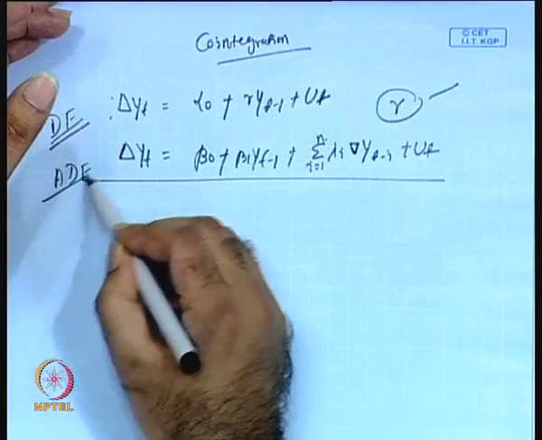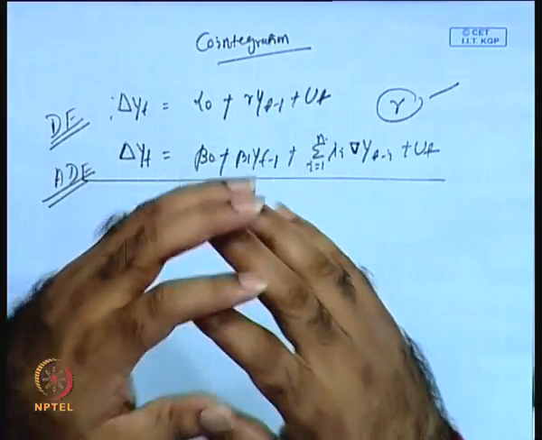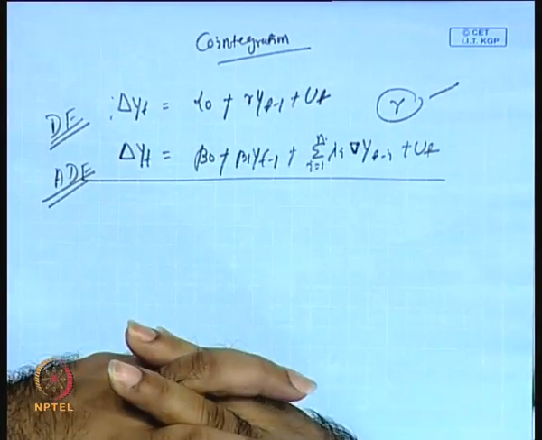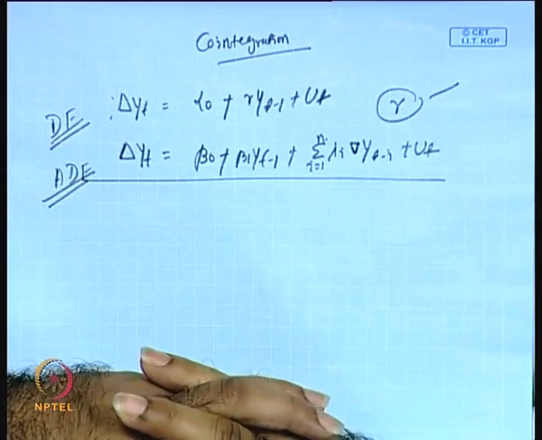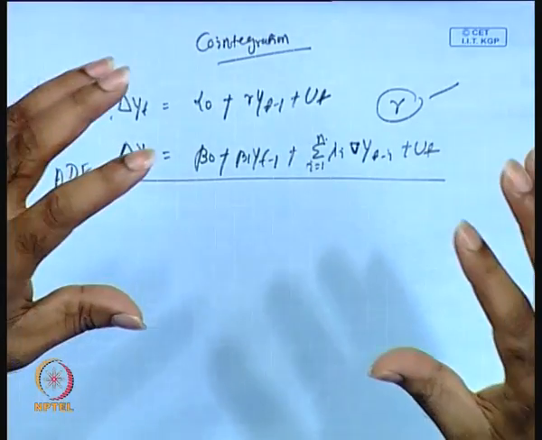By the way, there are three forms of the mathematical equation available with the Dickey test and the augmented Dickey test. We start with delta y t equal to lambda y t minus 1 plus u t, which is the starting point.